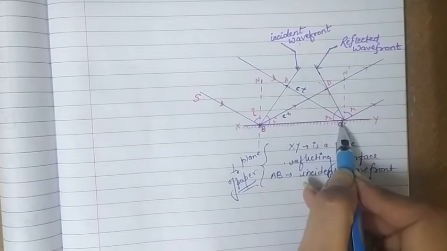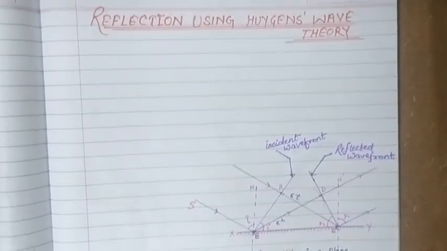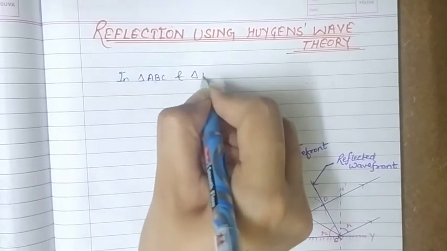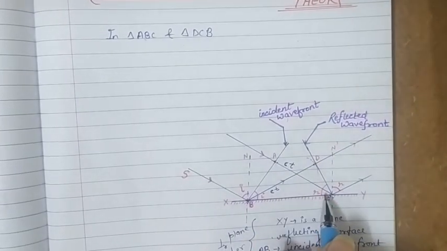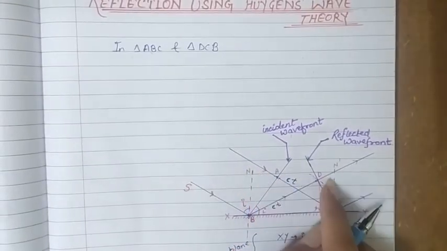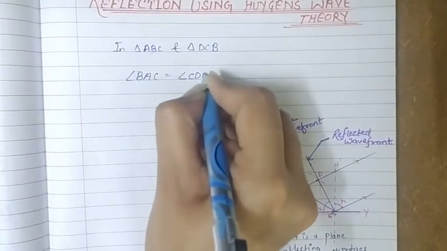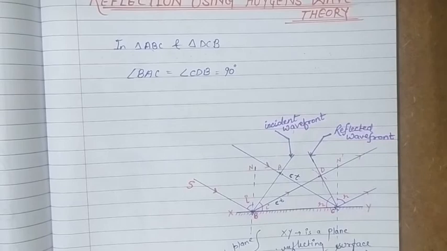In triangle ABC and triangle DCB, angle BAC is equal to angle CDB, and both are 90 degrees, because the wavefront and XY are perpendicular to the plane of paper.